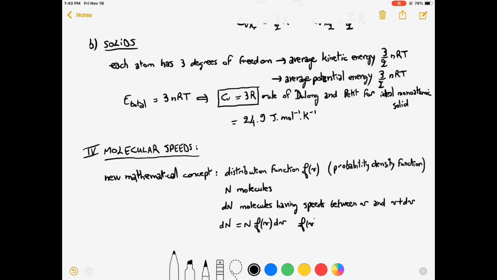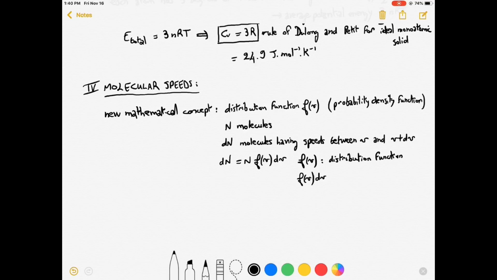So in this formula, f(v) is a distribution function. What this means is that it's a density of probability. So if you multiply by dv, then you get the probability. So f(v) dv is the probability of having a speed between v and v plus dv. So essentially, f(v) is a probability per unit of speed.